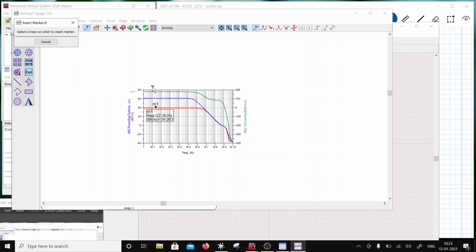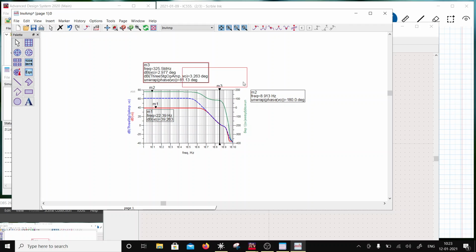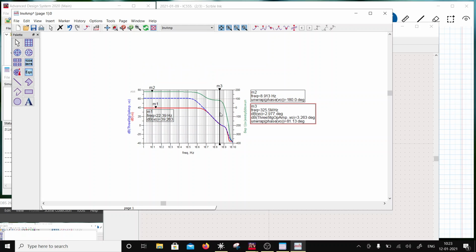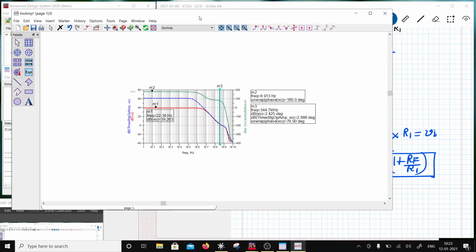Okay, so if you see, phase is 180, so look at the right hand side. So if I put a marker, that's a phase of 180, right? And I'll put one marker over here just to look at what the margin is. So by the time it rolls over to 0, the gain is right now 2 degrees.